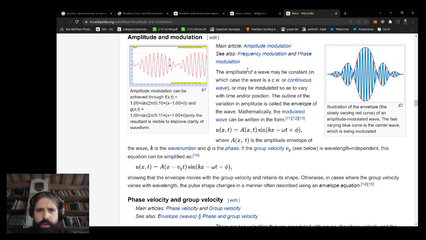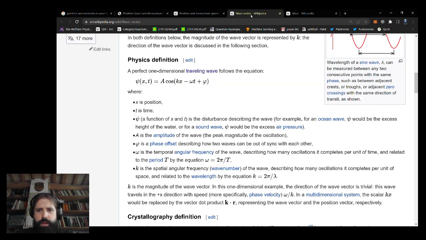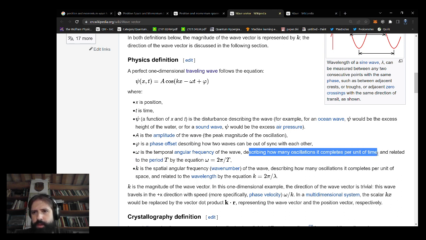So yeah, it travels. So in time, that's what's confusing me a bit. This is how many oscillations it completes per unit of time. Let's say in 1 second, right?